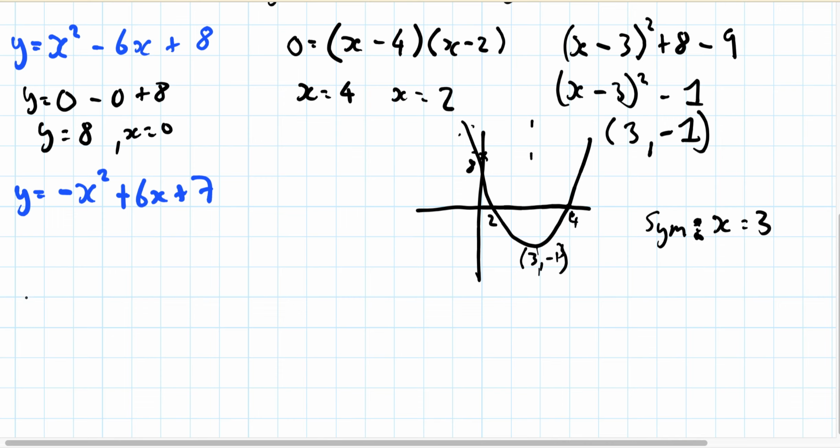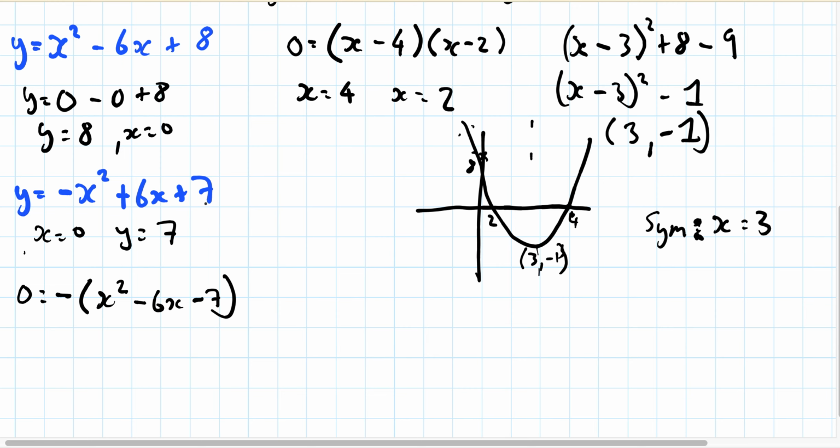So again, I'm going to work out the y-intercept. When x equals 0, y equals 7. Just write that up here. Then I'm going to factorize this. To do that, 0 equals, take the minus out, x squared minus 6x minus 7.